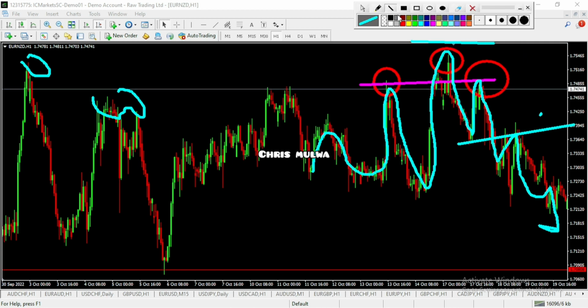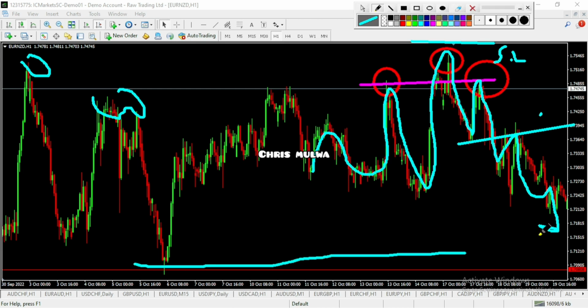So here will be my SL. My take profit can be somewhere here, which is very okay. So there I will put my take profit. That is how you place a trade using shoulders.